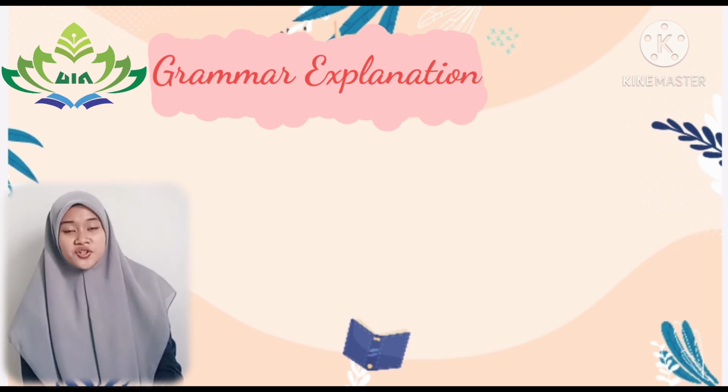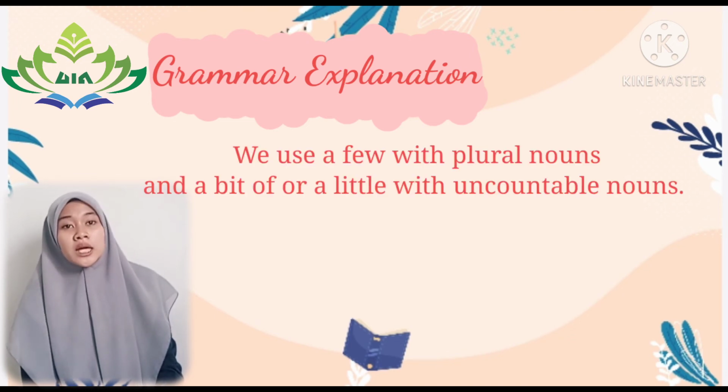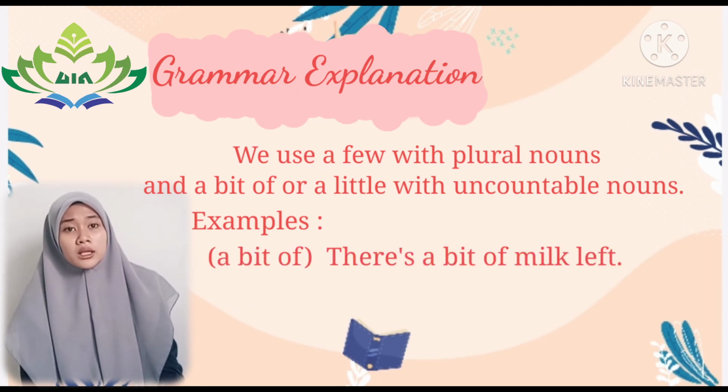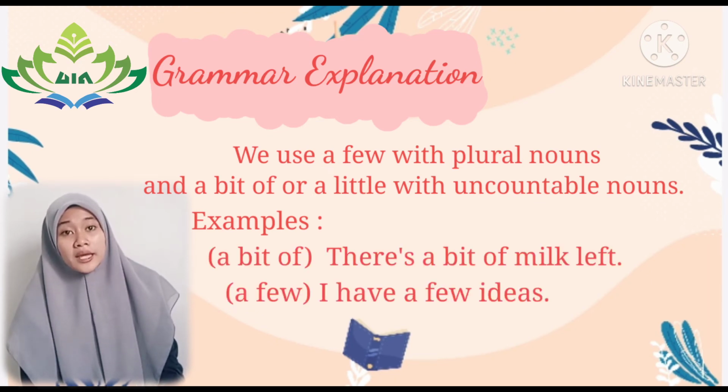Grammar explanation. A few and a bit of or a little mean some. Often we feel this amount is enough or more than we expected. We use a few with plural nouns and a bit of or a little with uncountable nouns. Example, there is a bit of milk left. I have a few ideas.